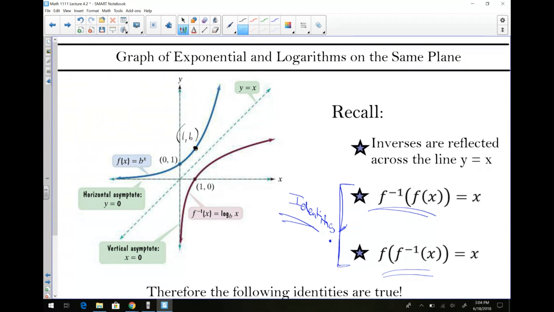Now, for the log part, since they're inverses of each other, this means that instead of 0, 1, I have to have 1, 0. So now instead of 1, b, I have to have, you guessed it, b, 1. So check that out.